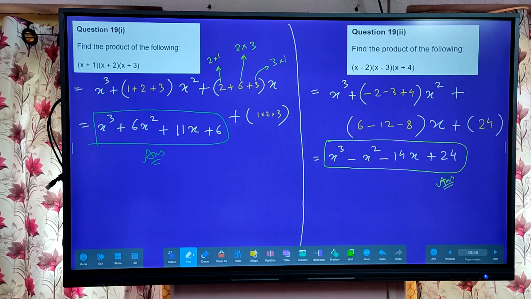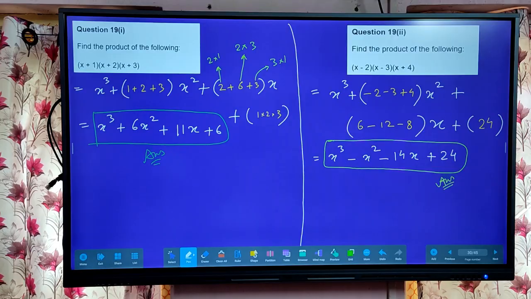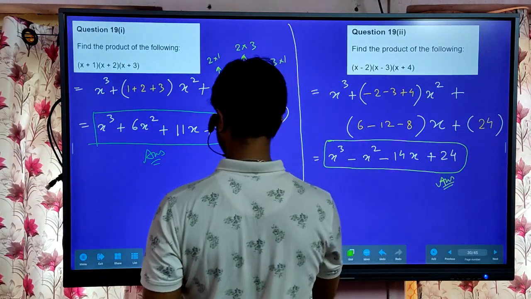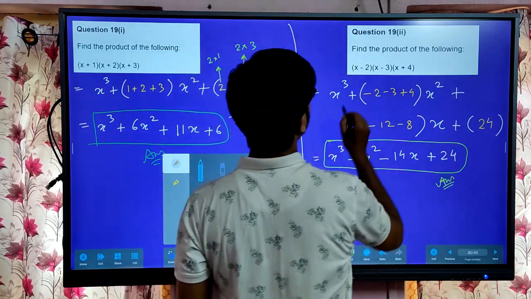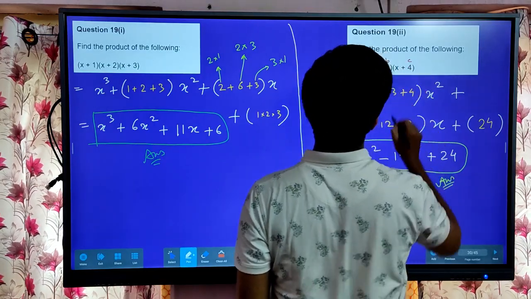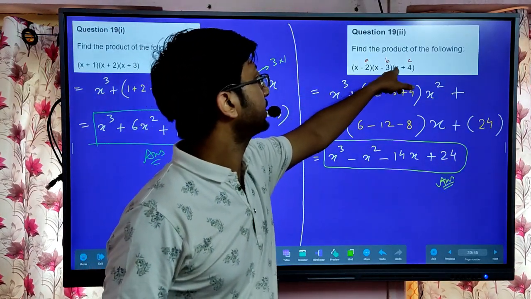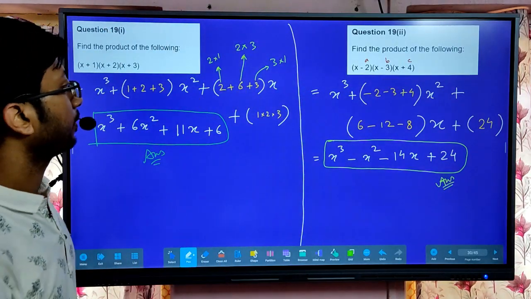The coefficient of x is basically the product of combination. First is AB with sign, then is BC with sign, and then is CA. And your ABC are correspondingly these values. This is your A, this is your B, this is your C. A minus x minus A, x minus B, x plus C. Okay?